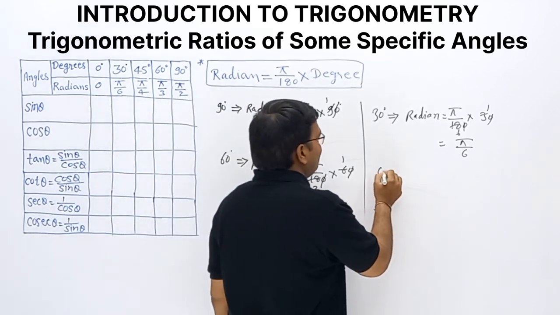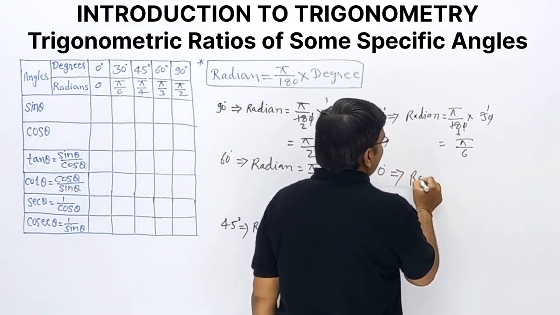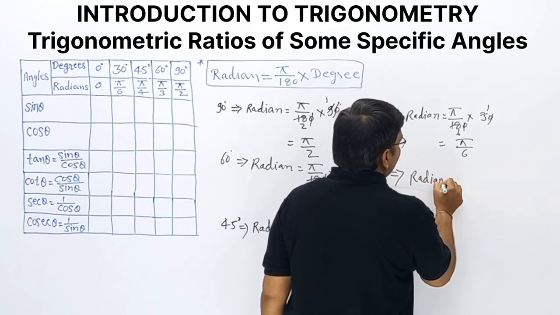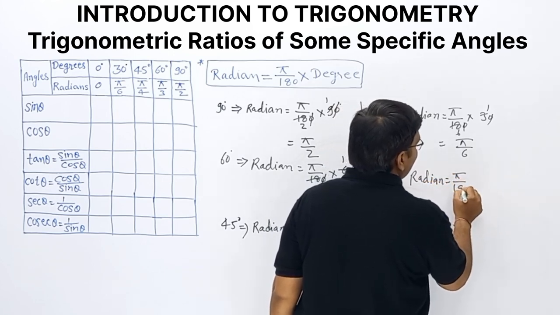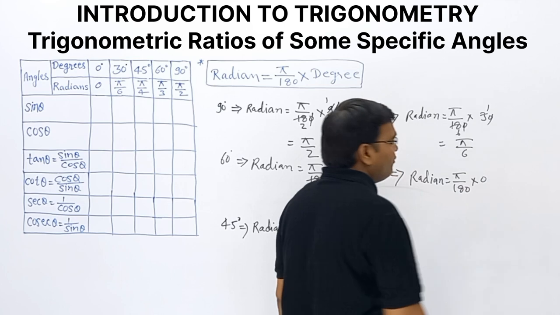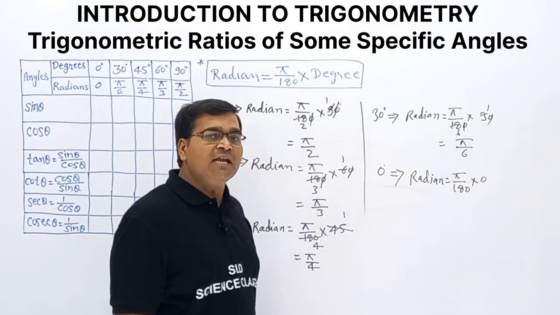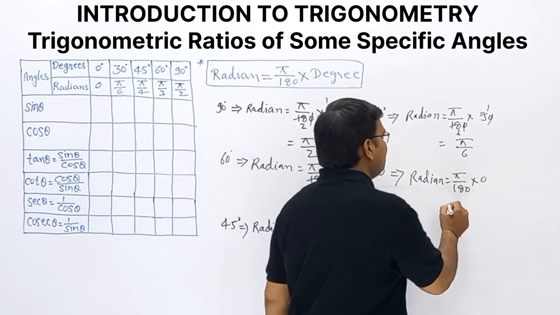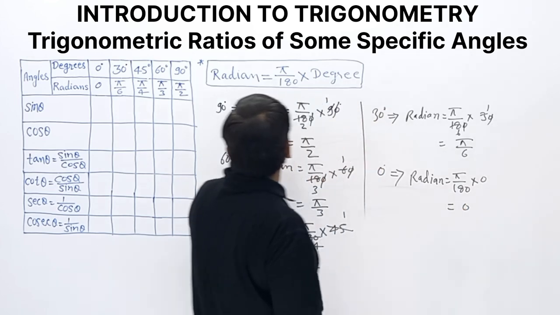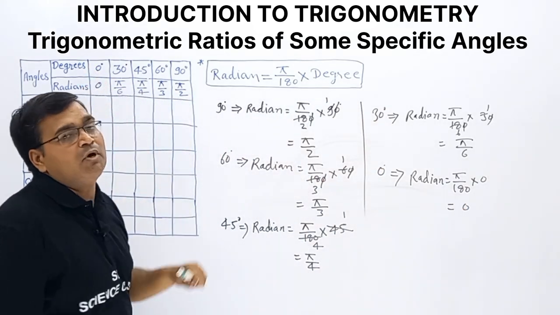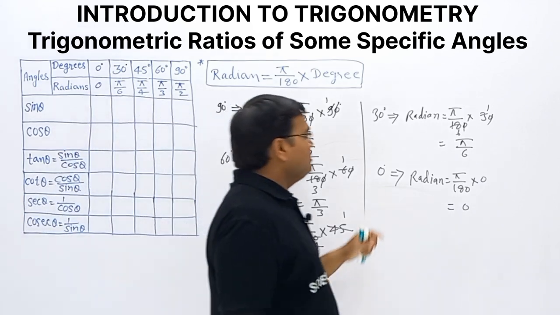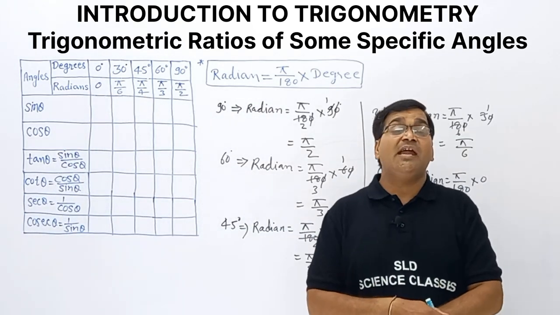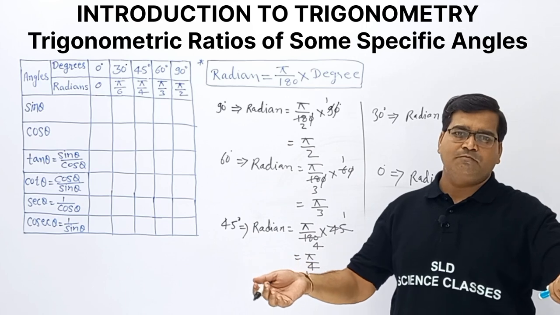Now for 0 degree, what will be the value in radian? Radian equals pi upon 180 into 0. Once we multiply any number by 0, the result will be 0. So 0 degree in radian will be 0. Clear? So this is the way of finding radian of any degree.